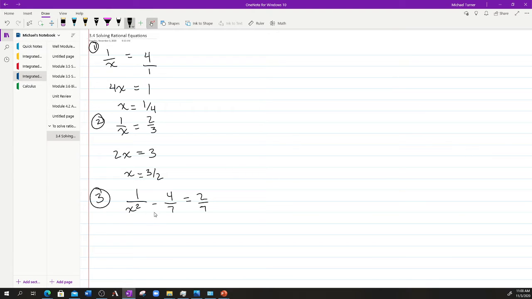Look here on the left, I have 1 over x squared and minus 4 over 7. To look at the least common multiple here, I would need to multiply the left fraction by 7 and multiply the right fraction by x squared.